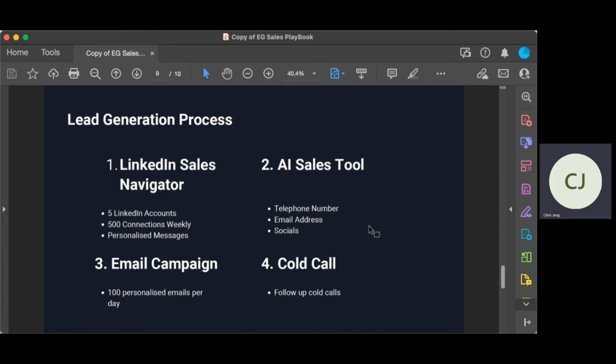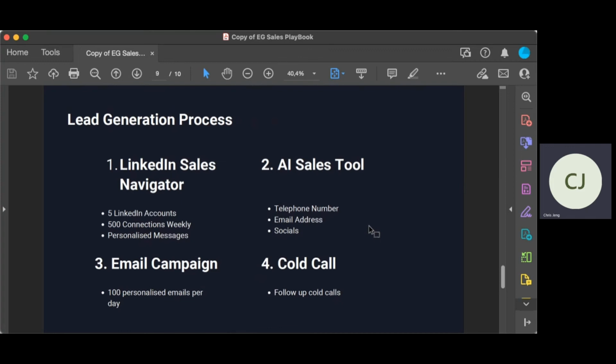Then that's our lead generation process. What we focus on is to hit the same prospects multiple times using different technologies. So the first thing we do is we use LinkedIn Sales Navigator, and we have 5 LinkedIn accounts. We send out 500 personalized connection messages every single week to those prospects.